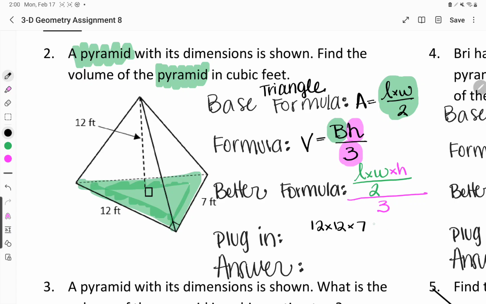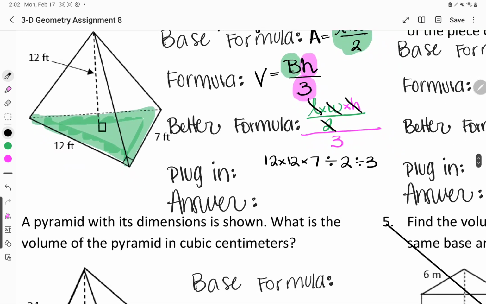Then after that, I would divide that by 2. So that's knocked out, that's knocked out, that's knocked out. And then after that, I would divide that by 3. So I have 12 times 7 divided by 2, and then I divide it by 3. That's going to give me 168 feet cubed.